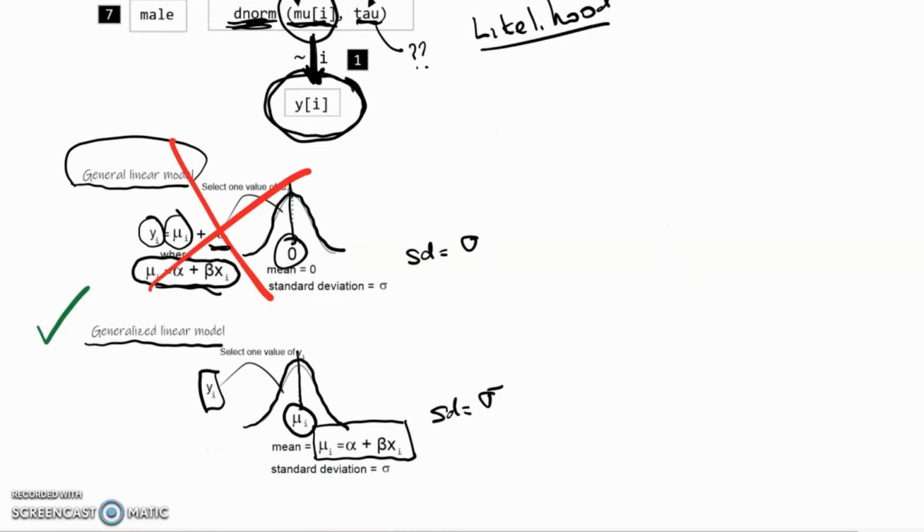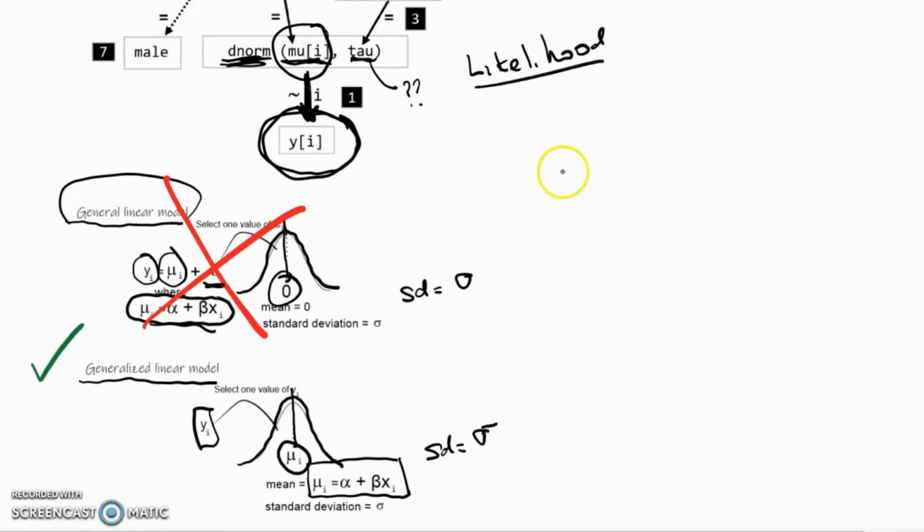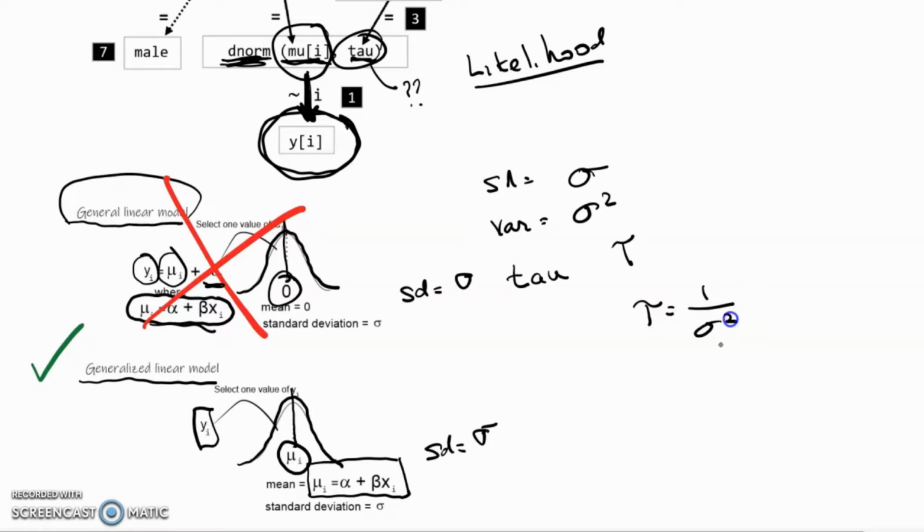Well, perhaps regrettably, in JAGS, we don't parameterize the variability in a normal distribution either by sigma or by variance sigma squared. Rather, we parameterize the normal distribution's variability with this thing called tau, where tau is equal to 1 over sigma squared, or obviously equivalent, sigma squared is equal to 1 over tau.